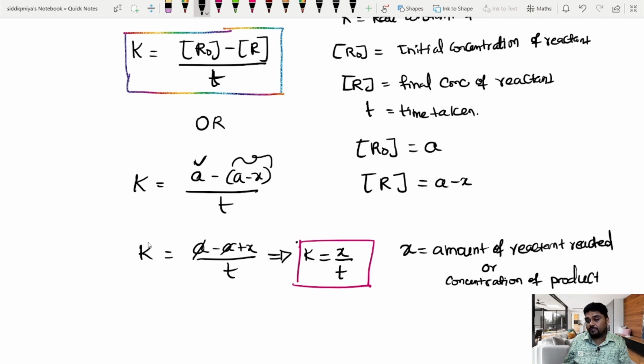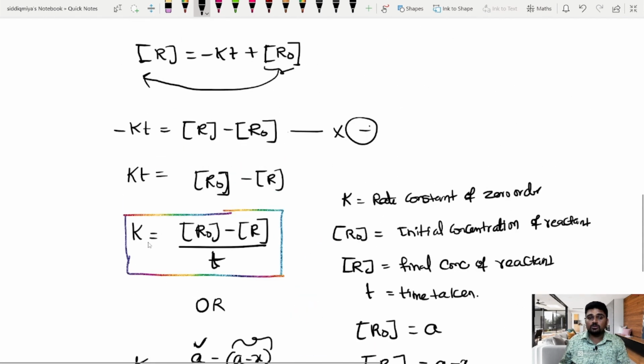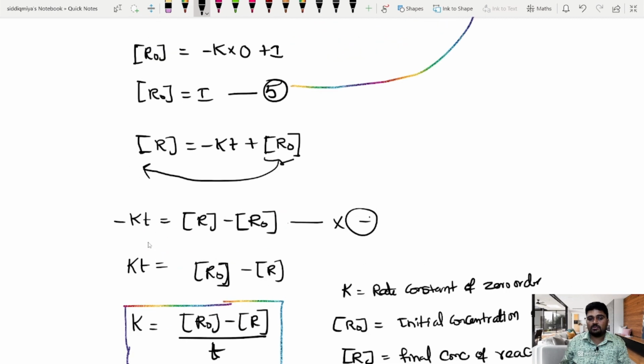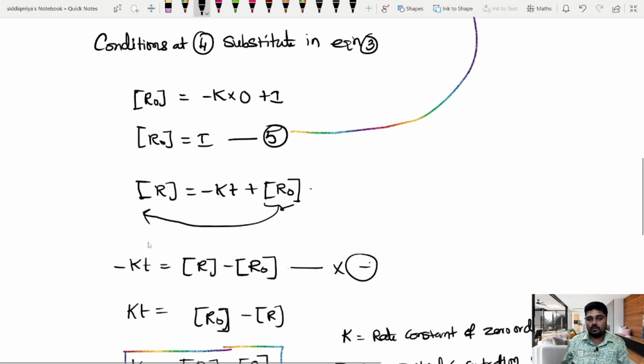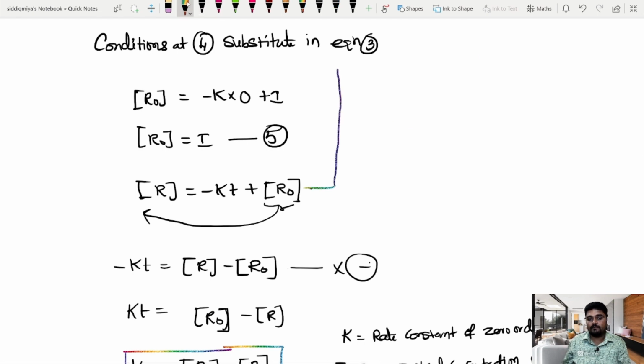Now in this derivation some graphs we are going to see. From this you can plot a graph. We have R is equal to minus kt plus R naught.